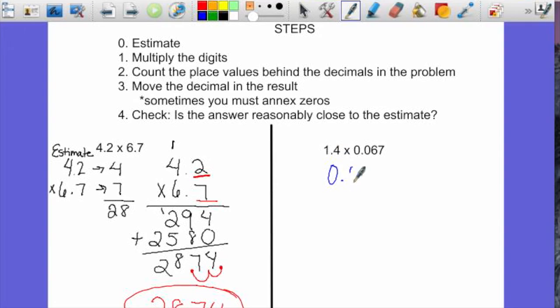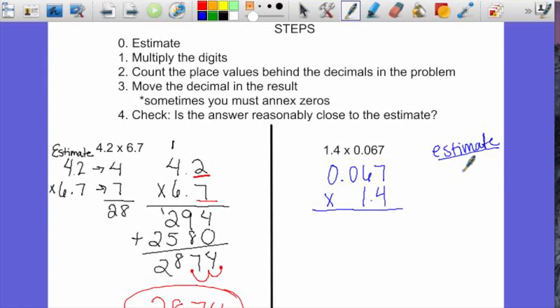So 67 thousandths times 1 4/10. Now, I need to estimate so I know what kind of answer I'm going to get. So I'm going to go ahead and estimate over here. 67 thousandths, what is that really close to? Almost 0.